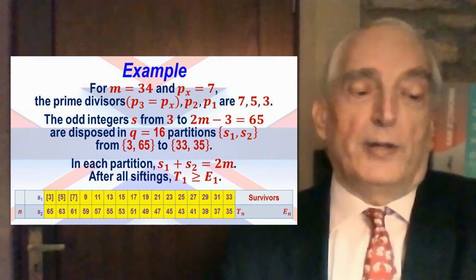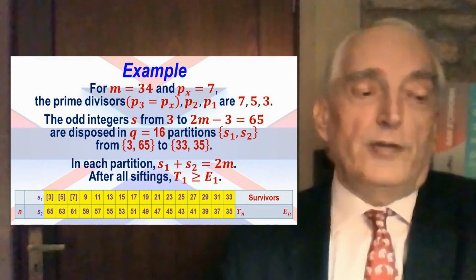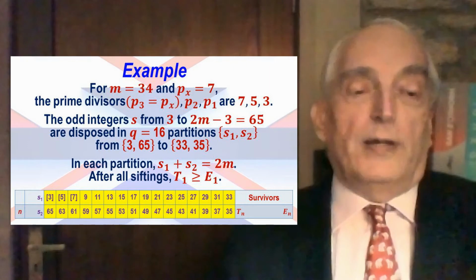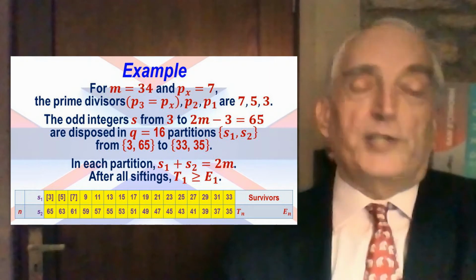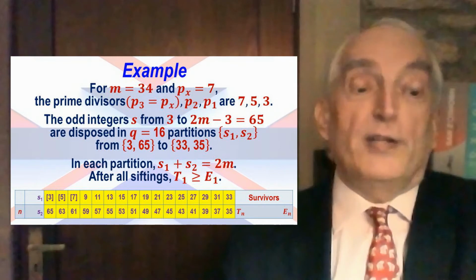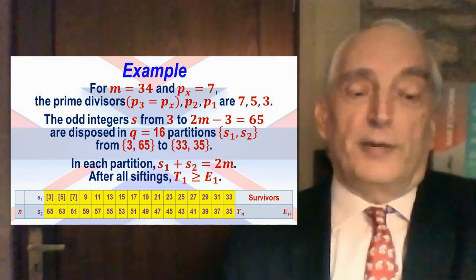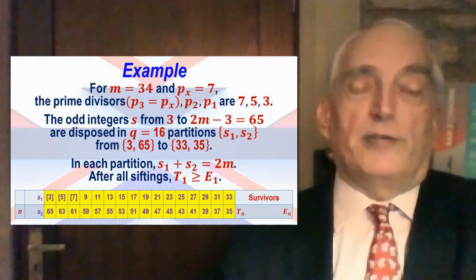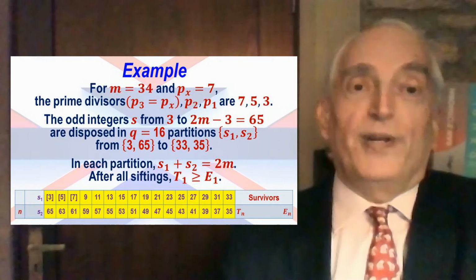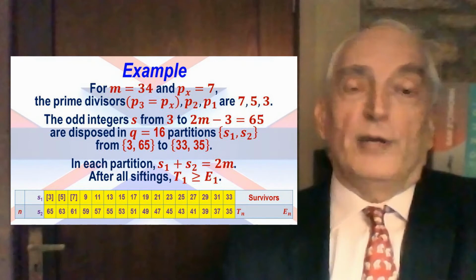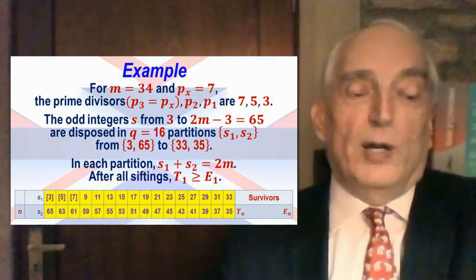Now the odd integers s from 3 to 65, that's our window of opportunity here, are disposed in Q equals 16 partitions, S1, S2, from 3 and 65 to 33 and 35. 3 and 65 is on the left there of the yellow bar, and 33 and 35 on the right. In each partition, S1 plus S2 is equal to 2m. And after all siftings, we will show that T1 is greater than or equal to E1.